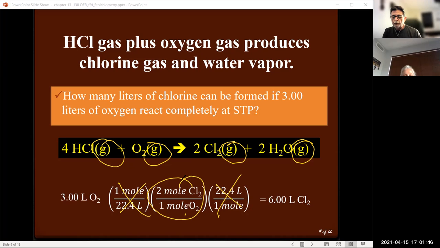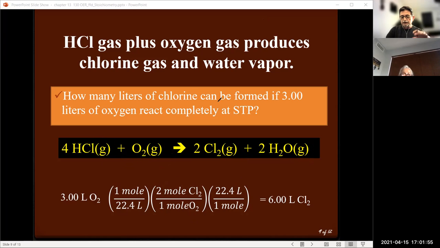Okay. But until you're comfortable with that, continue to set it up the way we set it up until you can recognize that. You can see here the liters cancel, moles cancel, leaving us liters of gas at the end.